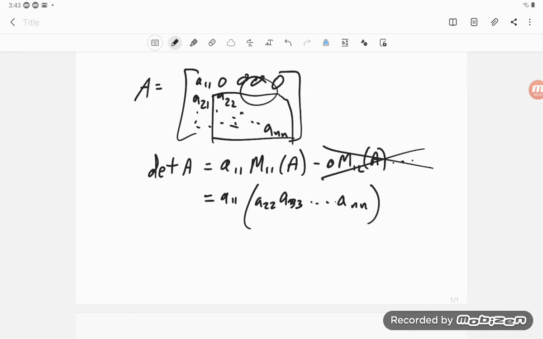Okay, so that was nice. And now, upper triangular, it's also true. But again, we need a little something to help us, because if we go to an upper triangular, the problem is that top row is not a bunch of zeros.